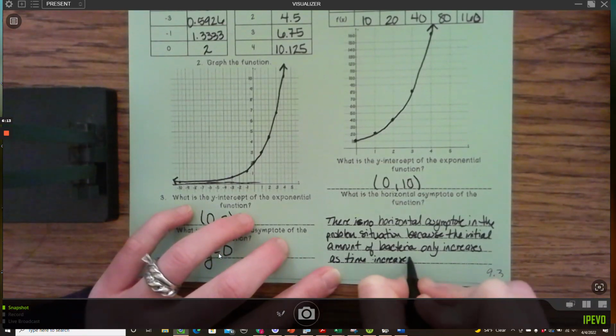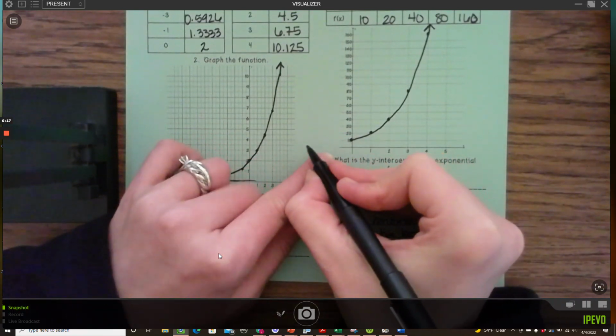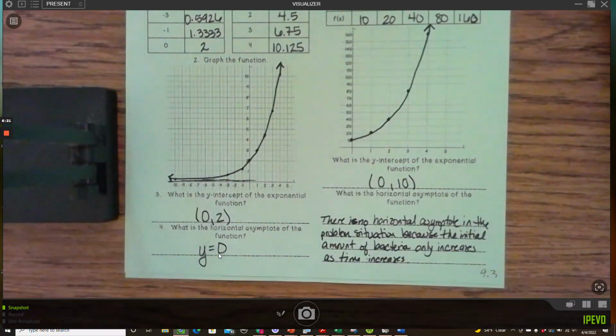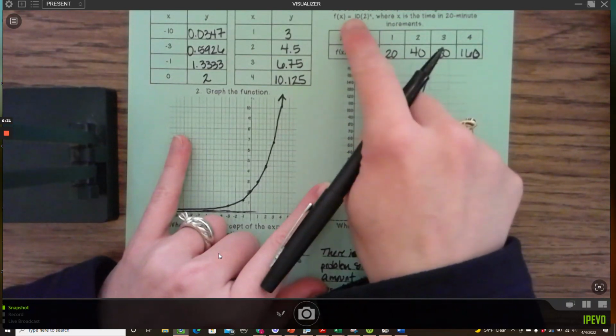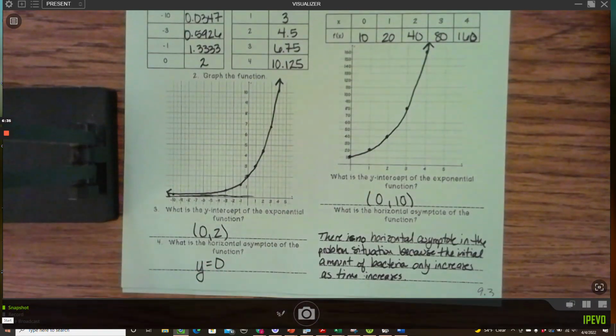What this means is it's only going to go up from 10. So this part of the graph that's over here in quadrant 4 is never going to happen. The amount of bacteria is never going to be less than 10. So it's not going to start bordering a line and always staying right next to it. Again, if we were just looking at the function without the real world situation attached to it, the horizontal asymptote would be the same at y equals 0.